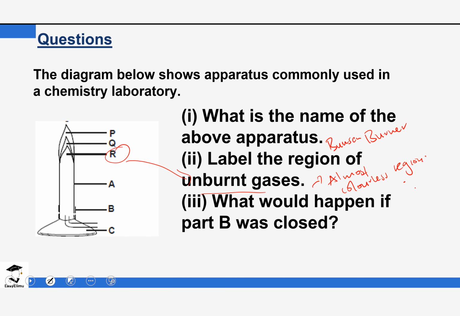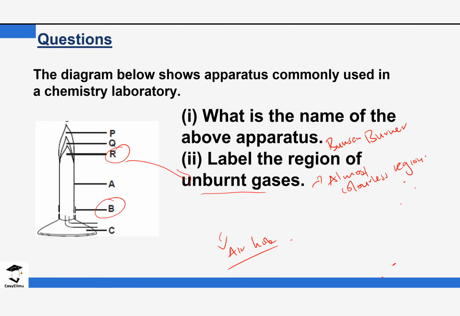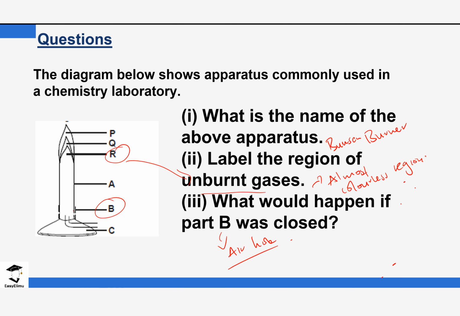Finally, what would happen if part B is closed? Part B is the air hole, and we said if the air hole is closed, there will be no air entering into the chimney. So if no air enters into the chimney, we know that there won't be any complete combustion.